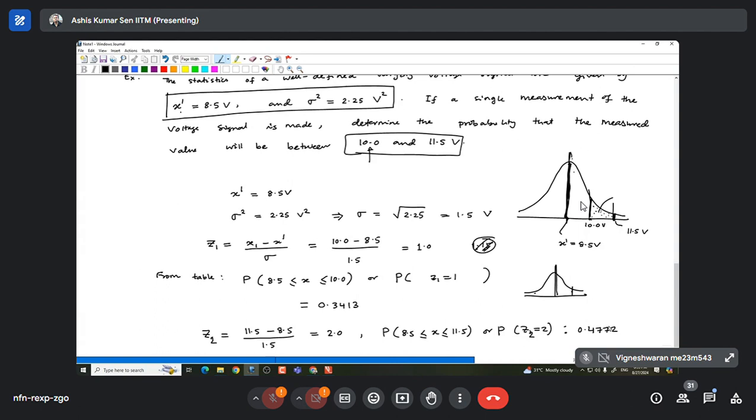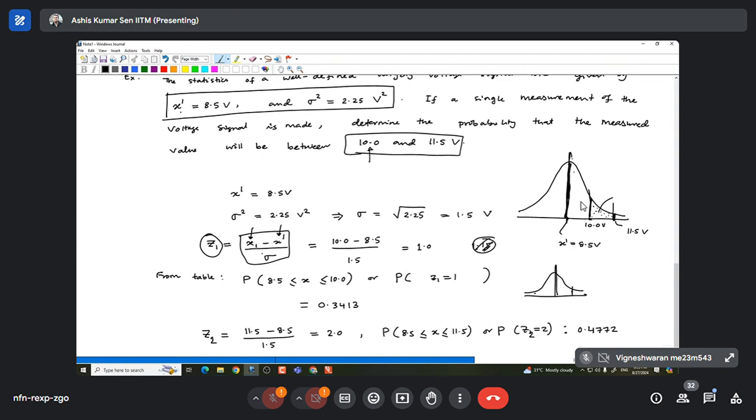I didn't understand how we are getting the decimal from the table, sir. Okay, let me tell you once more. You find the Z variable by using this formula here. This is the data point, this is the true mean.